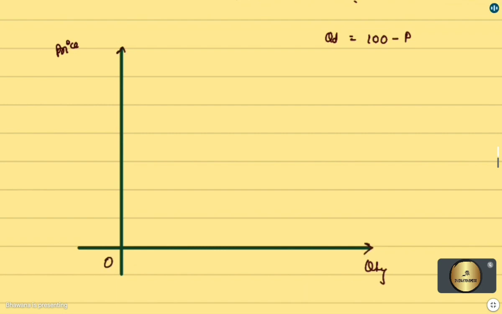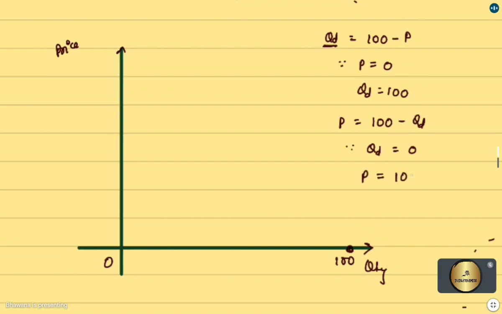First we'll say P is equal to 0. When your price is equal to 0, your maximum quantity demanded will be 100. And when you put quantity demanded equal to 0, you get the maximum price, which is 100. So this is a point on the vertical axis, 100.